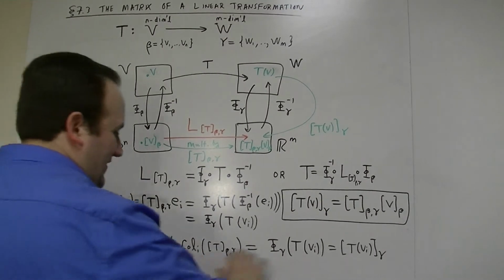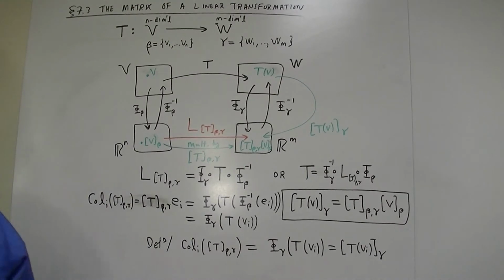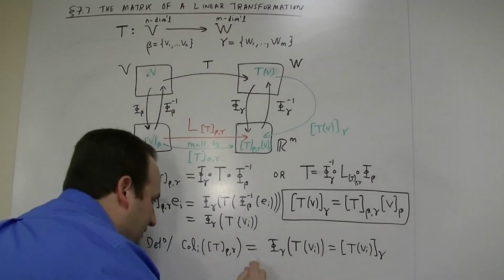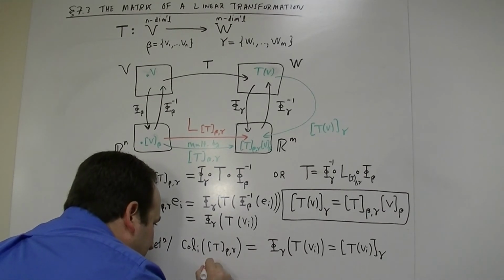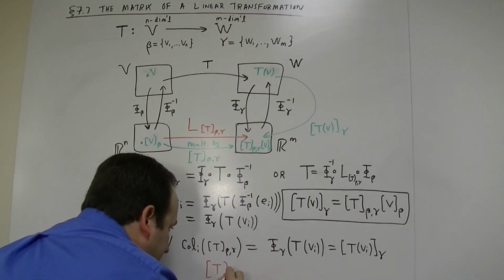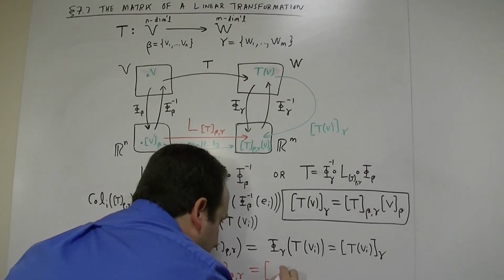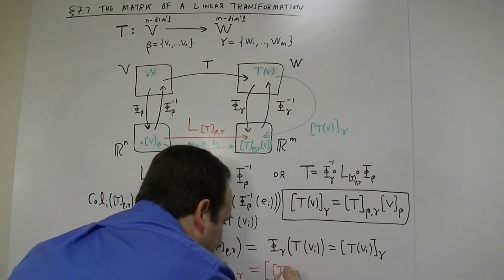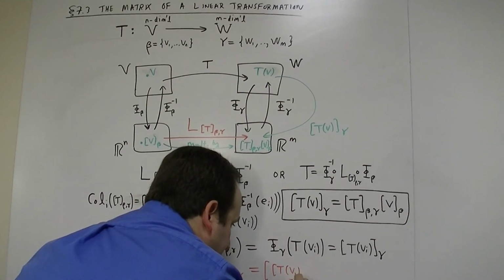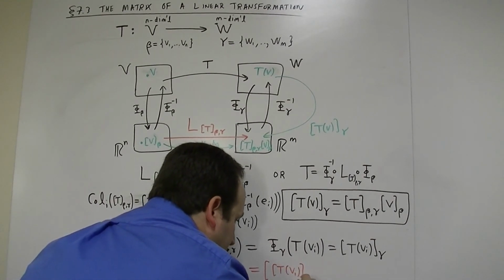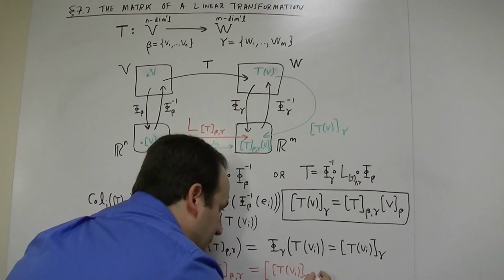There is, let me just, one more equation, then I promise I'll stop and actually do an example. So it's sometimes really nice to look at this a little bit more explicitly. What this is saying is the matrix of T with respect to the beta gamma basis choice. It's this matrix. You take T acting on the first basis vector of beta, and you look at its coordinate with respect to the gamma basis.